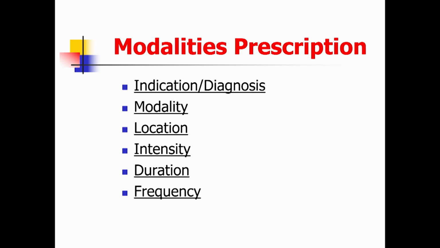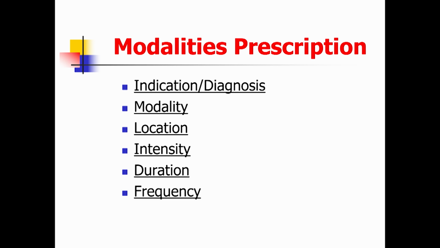We're going to use the ultrasound over 3 ports: anterior, lateral, and posterior. Ultrasound, as you'll find out in this lecture, does not go through bone. So if you want to heat up all parts of the shoulder capsule, you have to use 3 different ports. Intensity, for ultrasound, we're going to use 1.5 watts per centimeter squared with stroking technique. Duration is going to be 7 minutes, and the frequency is going to be 3 times a week.